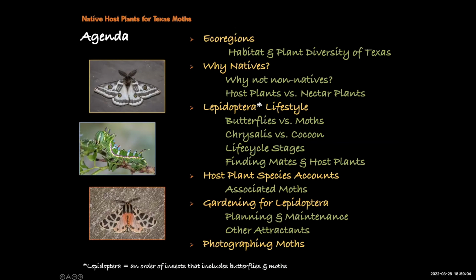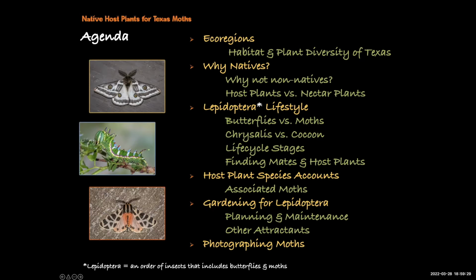All right, so what are we going to talk about tonight? Well, let me take you through the agenda. I'm speaking to the choir, but we're going to talk a little bit about the ecoregions of Texas and why Texas is so diverse. We'll talk about why natives are important and why we shouldn't use non-natives. In that same scope, we'll talk about what's a host plant and what's a nectar plant.